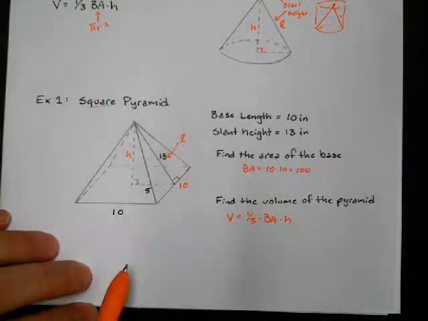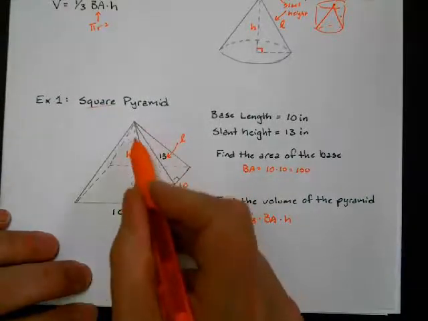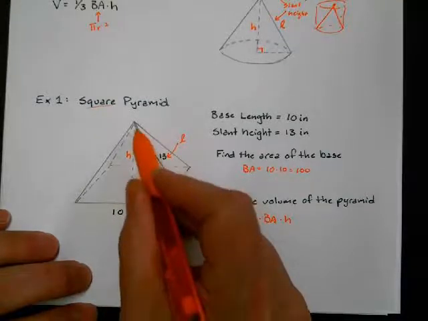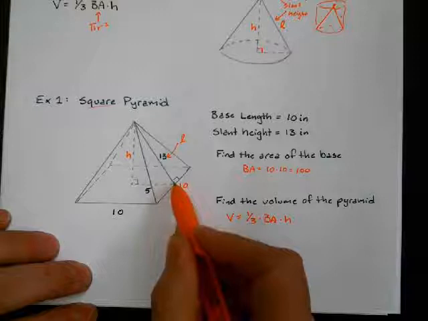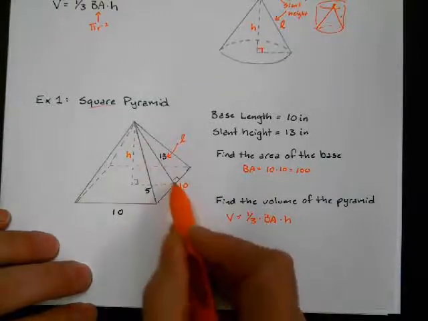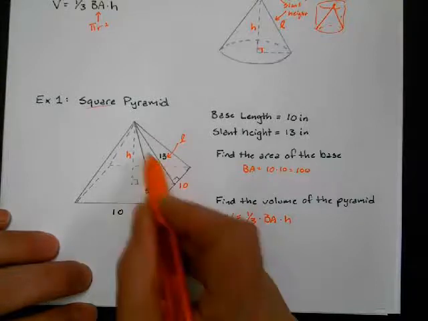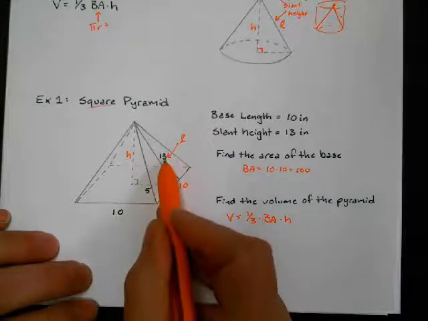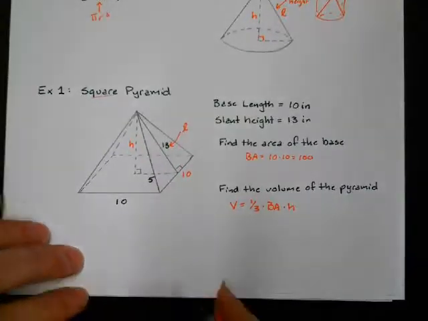Now we got a problem. We don't know the height, but we know the slant height or the lateral height over here. So what we can do is use the Pythagorean theorem in this triangle here, where I've got 5 here, h here, and 13 here. So we can use the Pythagorean theorem to find the actual height.